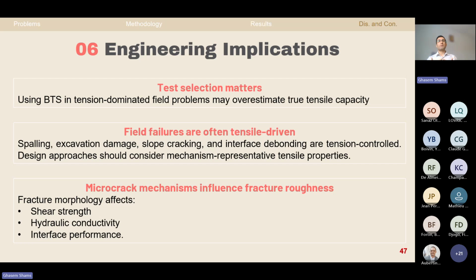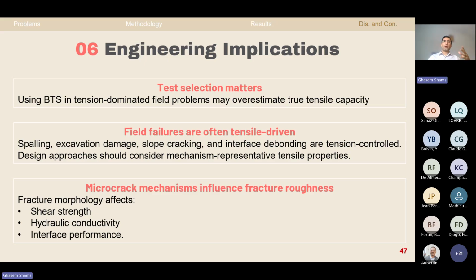Actually, this step is the first step that I've never seen other researchers do. It's the first step we started to do. We have a long way to go, but if we can determine the correlation between shear strength and the percentage of tensile microcracks, and the roughness, we can have an estimate of the shear stress after failure.